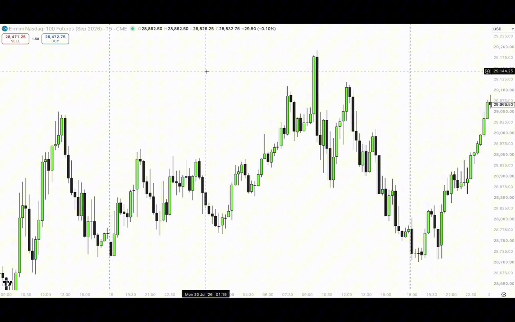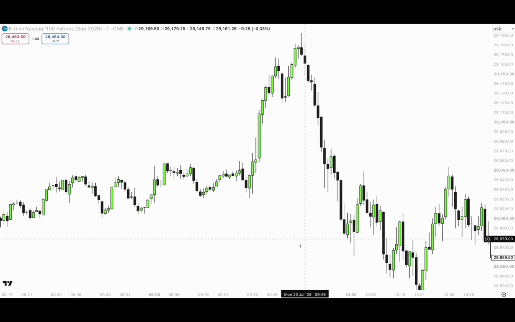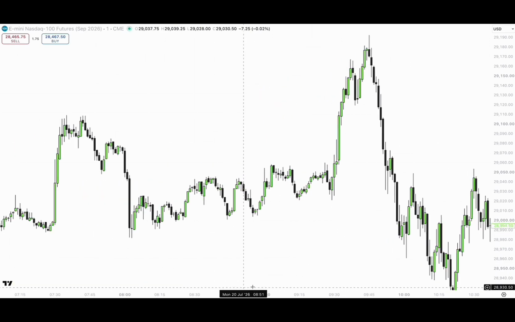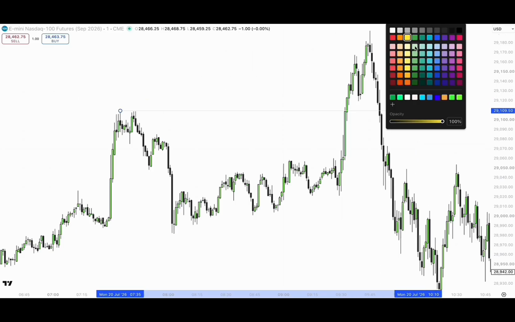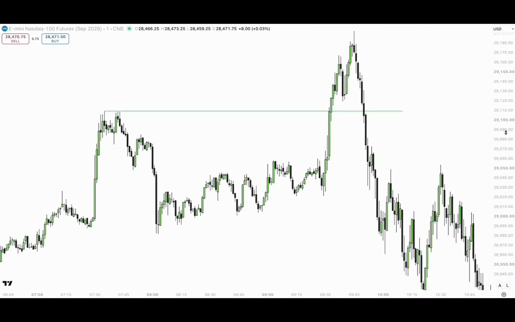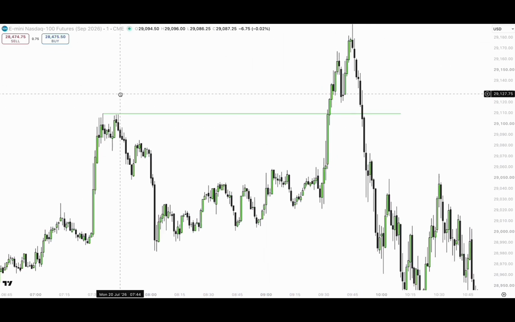So when we drop lower to the lower time frames, let's say to the 1-minute time frame, let's draw this high right here from 7:35 as a reference point.